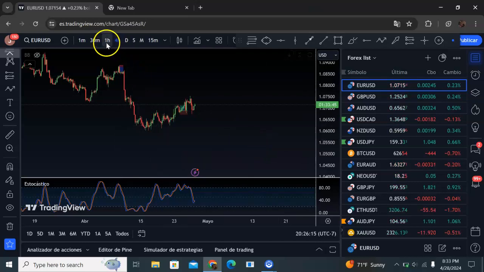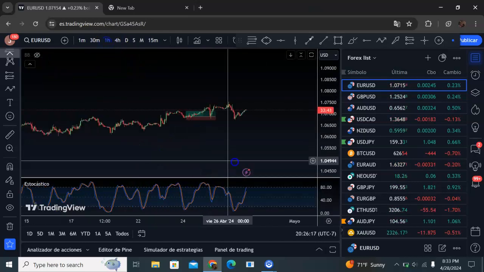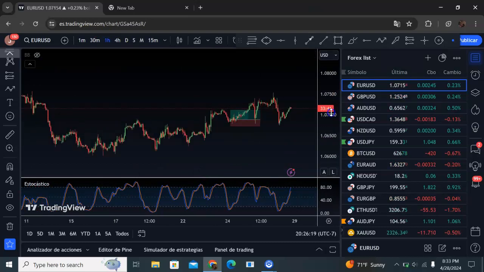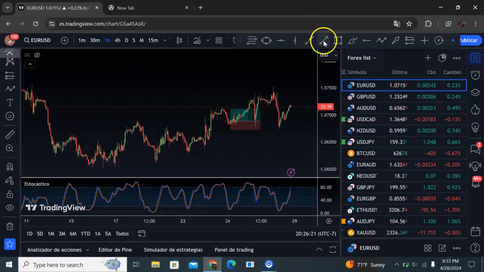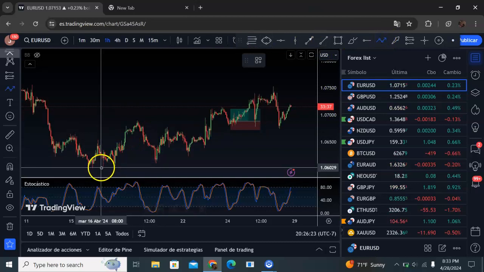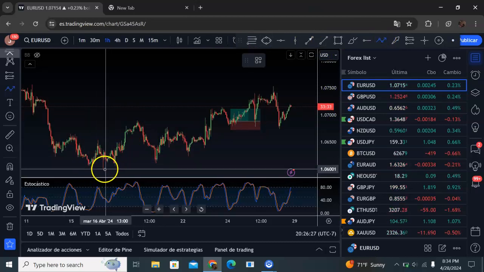Now, let's do the analysis in the 1 hour for the last arm right there. Let's see what we got. Let's do it real quick. Okay, that's my low. That's the low right there.